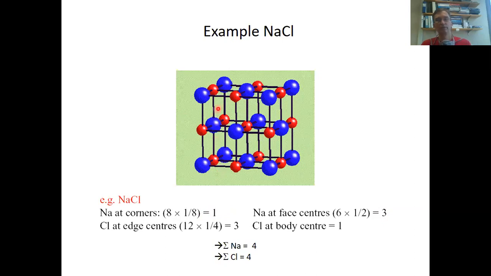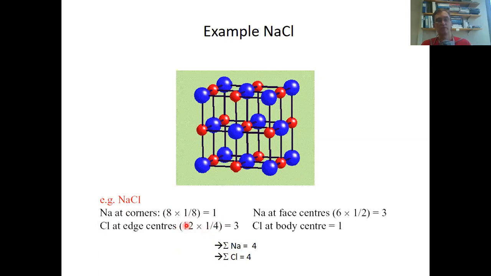So what about chlorine? You see the chlorine atoms sit here on the edge centers. There are 4 here, 4 more here, and 4 more here. In addition to that, you have this chlorine in the body center of the unit cell. Now how many chlorines do we have? Well, those at the edges count 1/4.